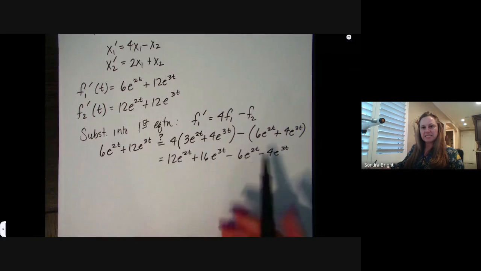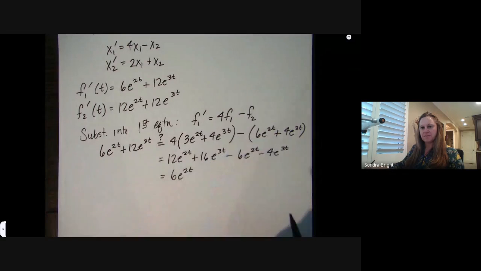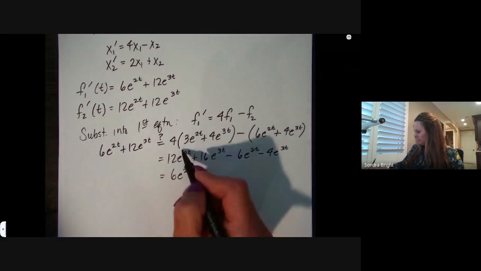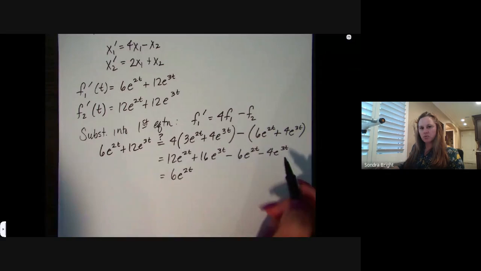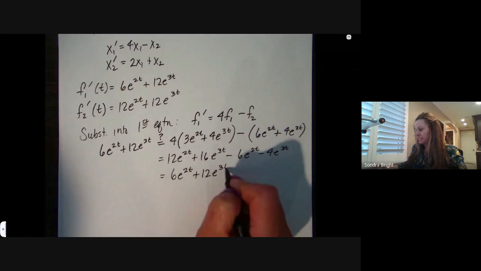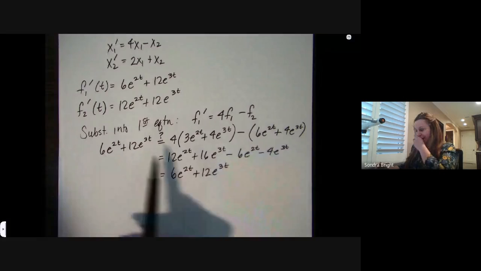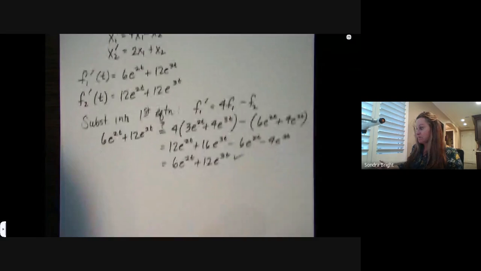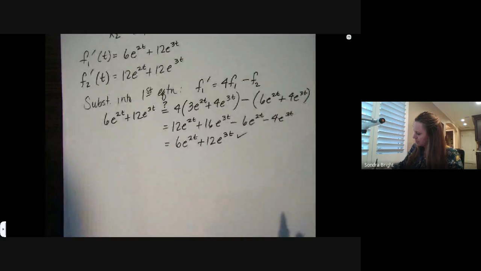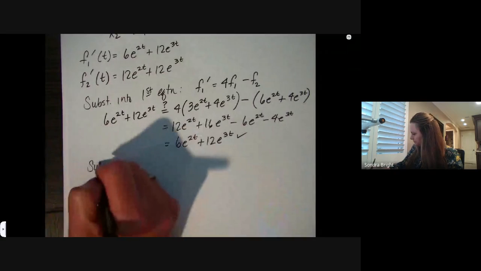And then 16e to the 3t minus 4e to the 3t will give you 12e to the 3t. Matches. All right, so it definitely satisfies the first equation, but for these two functions to satisfy this system, it needs to satisfy both equations. So you definitely need to substitute into the second equation also.